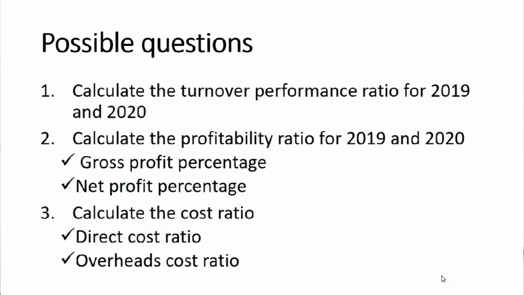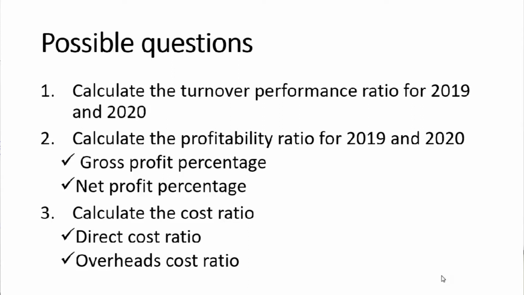The questions we are going to look at as we calculate the performance using the formulas are these. Question number 1: calculate the turnover performance for 2019 and 2020. Question number 2: calculate the profitability ratio for 2019 and 2020, which is the gross profit percentage and the net profit percentage for both years.